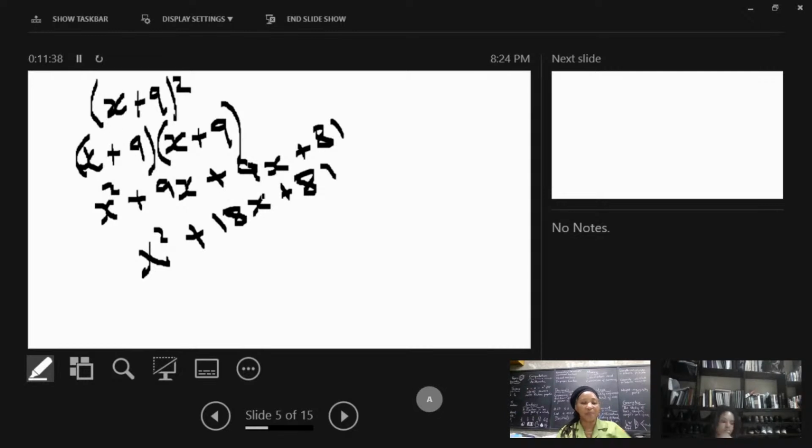All right, so remember the middle term must be 2 times the first term times the second term, 2 times a times b. So this must be the first term squared, this one must be the second term squared, and the middle one must be 2 times the first one times the second. All right, so it does follow the pattern.